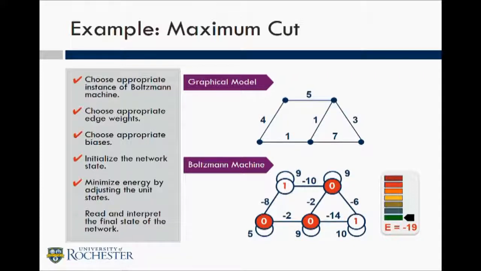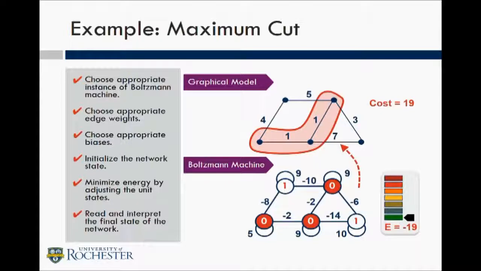When the network states converge and settle, we interpret the results by saying that all of those units that are in the 0 state correspond to one particular subgraph, and all of those that are in the 1 state correspond to another subgraph. Okay, so that's a brief overview of what the Boltzmann machine is.